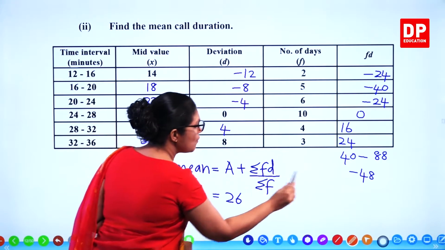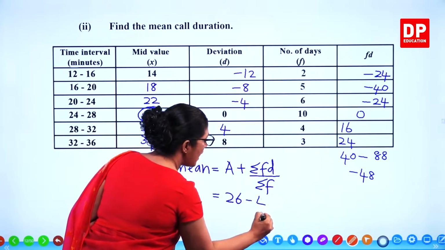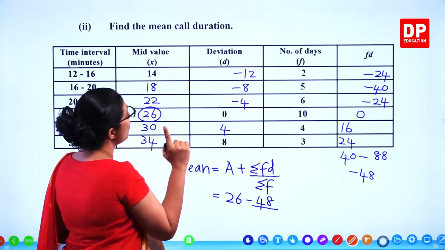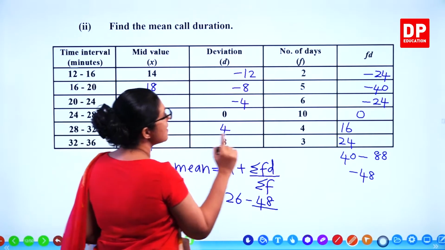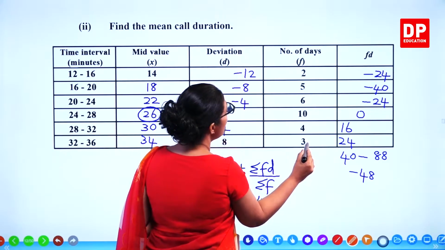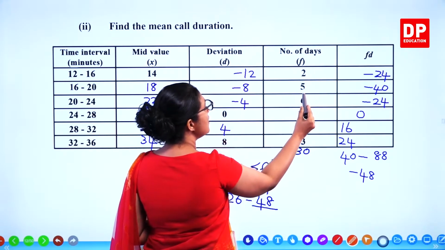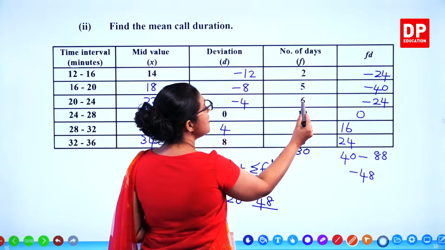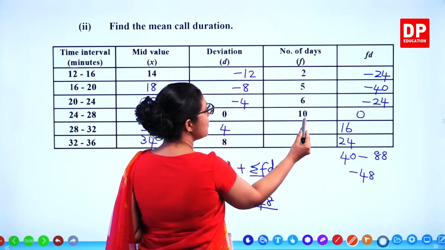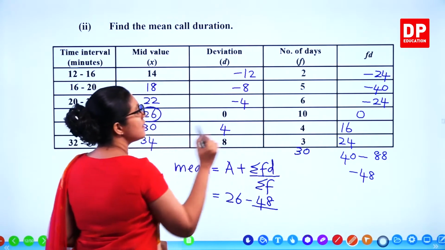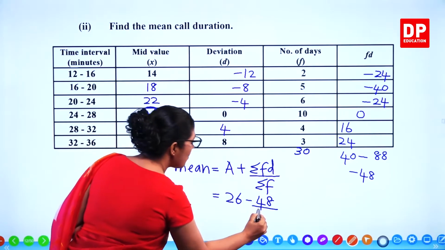And we found this is minus 48, and we know this is for 30 days. So sigma F, total frequency, is 30. We'll check it: 7 and 3, 10, 13, 23 and 30. So divide by 30.